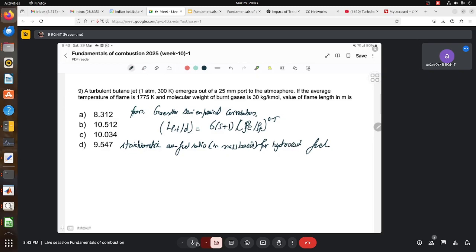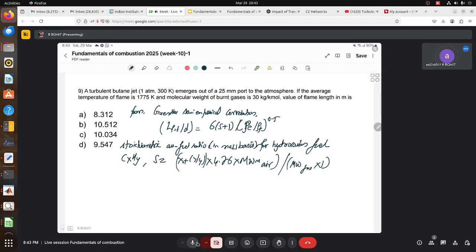For a hydrocarbon fuel CxHy, it is (x plus y by 4) times 4.76 times the molecular weight of air divided by the molecular weight of fuel.